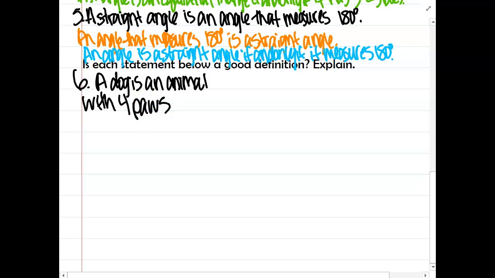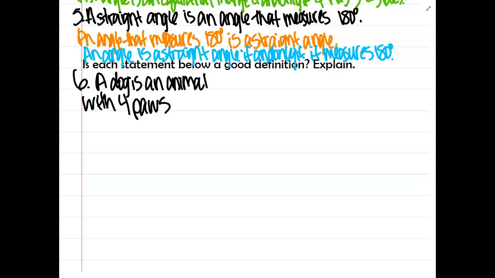Okay, first thing, uses clearly understood words. Dog, animal, paws. Okay, precise. It didn't say a dog is an animal with a few paws. No, it says a dog is an animal with 4 paws. Okay? Reversible. If I reverse this, what would it say?